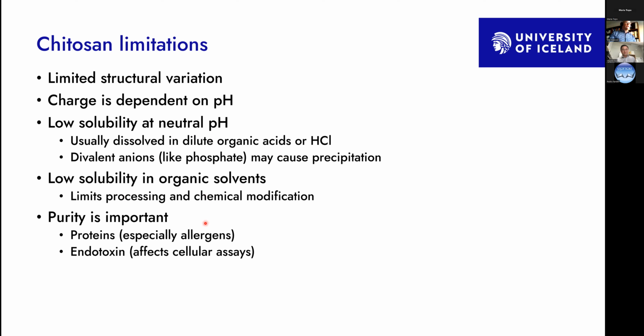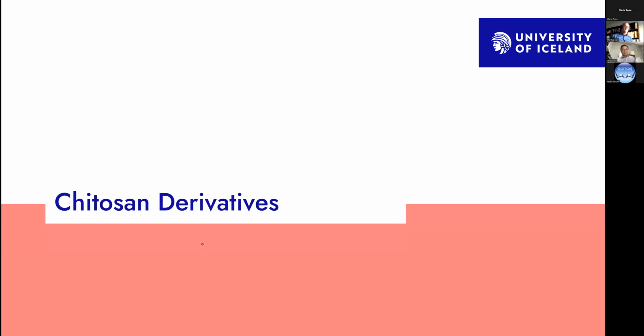I just mentioned that purity is important, and this is something one needs to consider when doing chitosan research. There can be proteins and allergens, and endotoxin in some products. So the difference is important when you are doing biological investigation, especially.